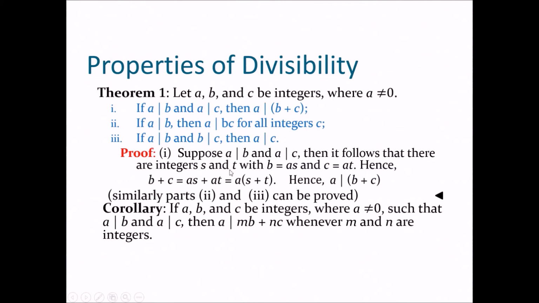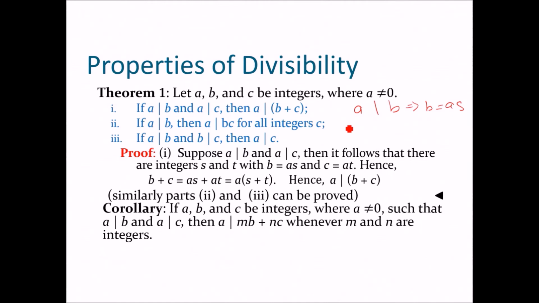Similarly, we can prove part 2 and part 3. For part 2, a divides b is given, and we have to prove that a divides bc where c is an integer. Now a divides b implies there is an integer s such that b can be written as a into s.